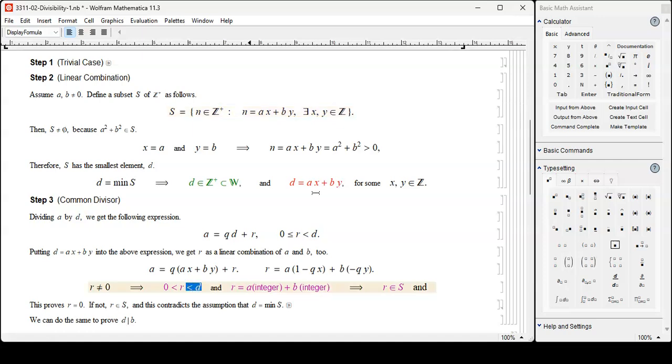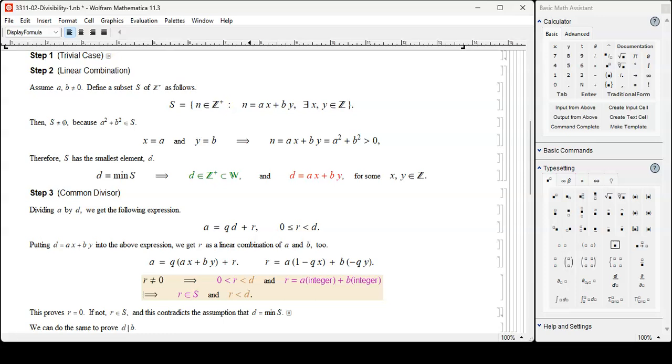Now what's left? This one I haven't used, which I'm highlighting in brown. So R is less than D, which I just highlighted in brown. That's the conclusion I got. R belongs to S, and R is less than D. But what is this D?